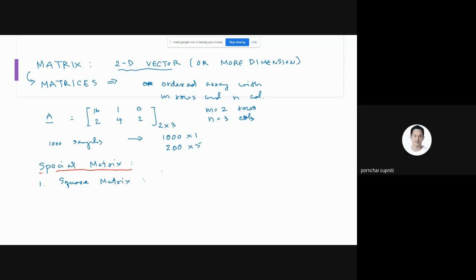Yeah, the number of rows and columns are equal. So in this case, m is equal to n. For example, if B is a square matrix of 2 by 2, then maybe I write 0, 1, 3, 5, with 2 rows and 2 columns. So that's one.